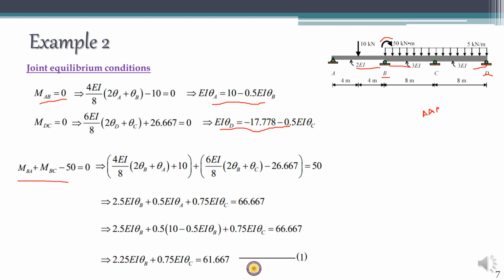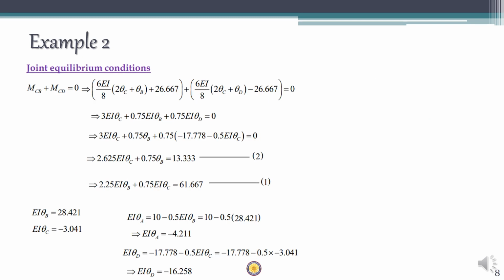So substitute the values of MBA and MBC from the slope deflection equations. Finally we have a relationship between theta B and theta C. It is to be noted that wherever theta A and theta D were there, they were substituted in terms of theta B. The next joint equilibrium condition is at joint C. There are 2 support moments, MCB and MCD.